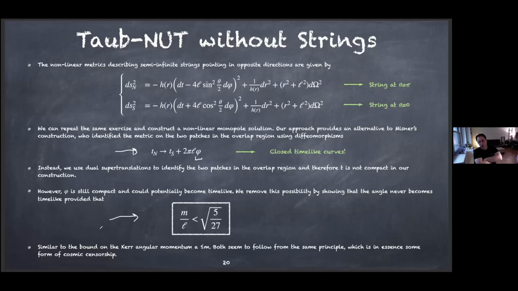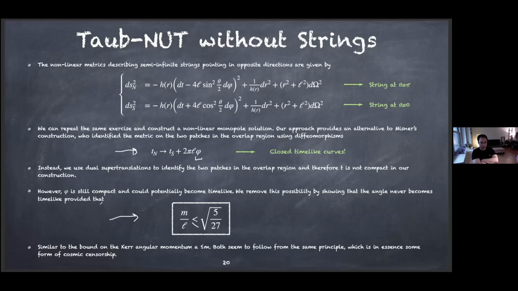It turns out that when the ratio of mass to NUT charge is smaller or equal, this is a typo, smaller or equal to square root of 5/27, there are no closed timelike curves, and phi never becomes timelike.